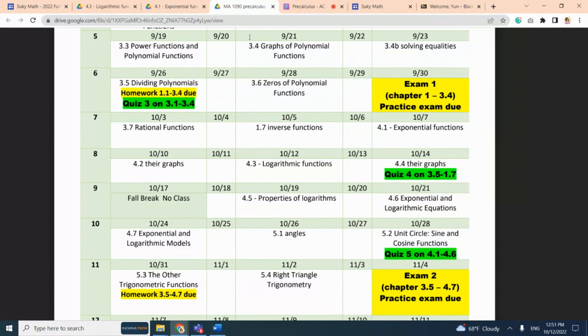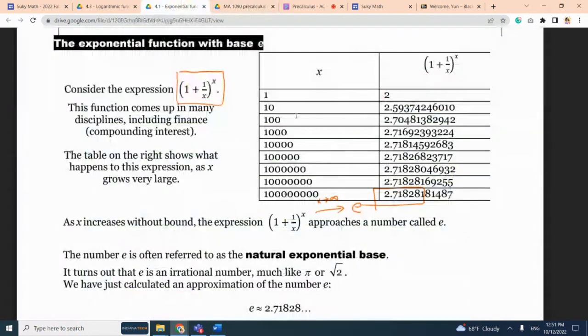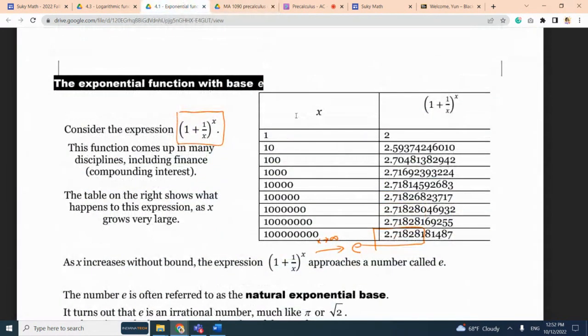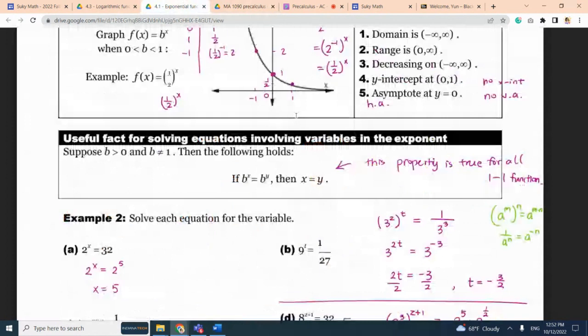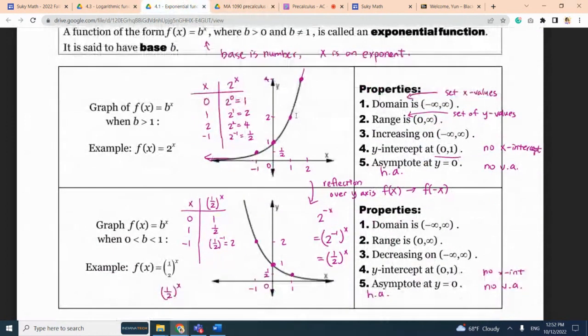All right. So last time we talked about exponential functions, right? We call b to the x, where b is the base. The base is a positive number, and it depends on the b. If the base is bigger than 1, then the exponential function is an increasing function, right?